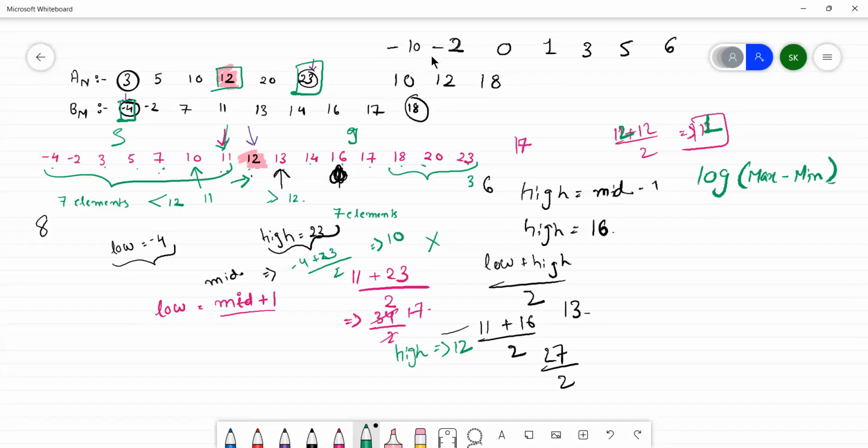But if you see overall and merge the arrays, what will be the actual middle element? Three, correct? Okay.